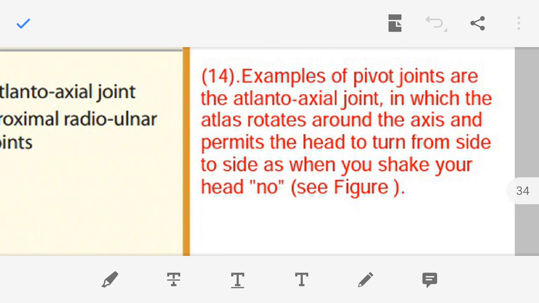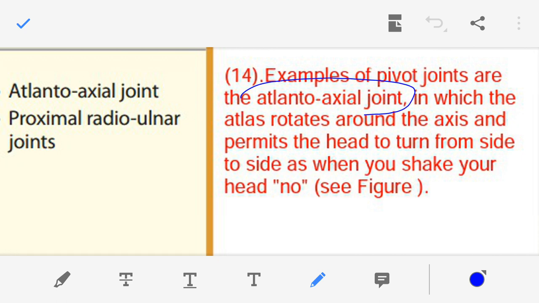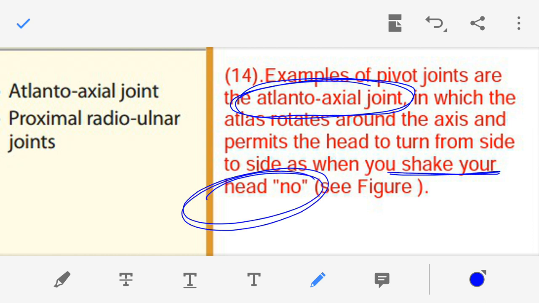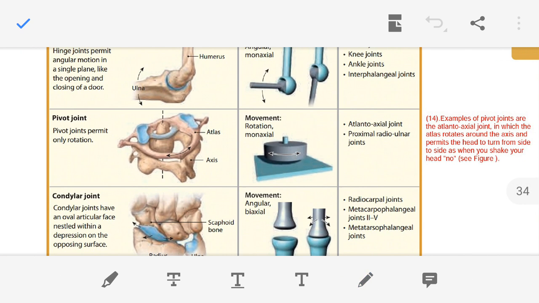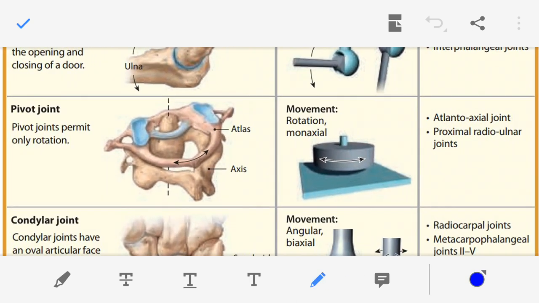And due to the atlantoaxial joint, we can shake our head and say no. The reason is the axis is stationary and we can move our head left and right and rotate the atlas. So with the arrow, the movement of the atlas is shown.